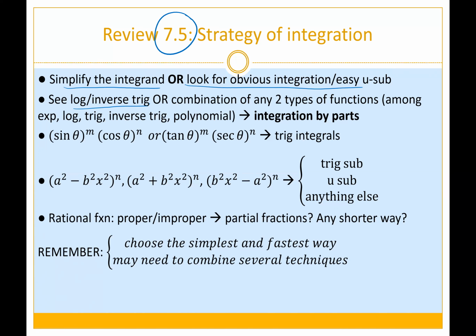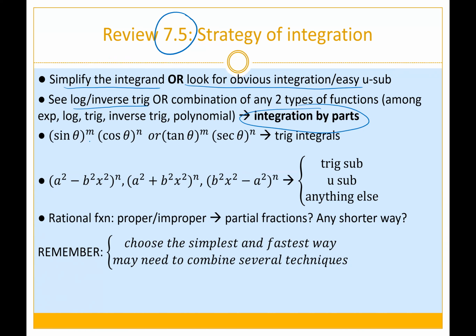It's gonna go in the order. So if you have an integral of any two types, like logs, inverse trig, exponential, polynomial, any combination of them, then you're gonna use integration by parts. That's a very systematic thing that you're gonna do. It's not very complicated when you have two different functions together. That's usually like a one click because you know it's gonna be integration by parts.